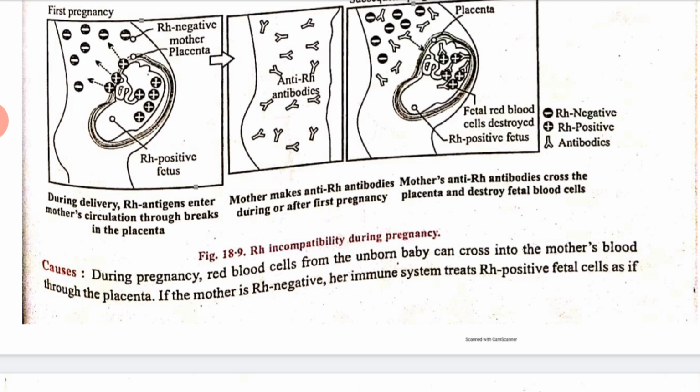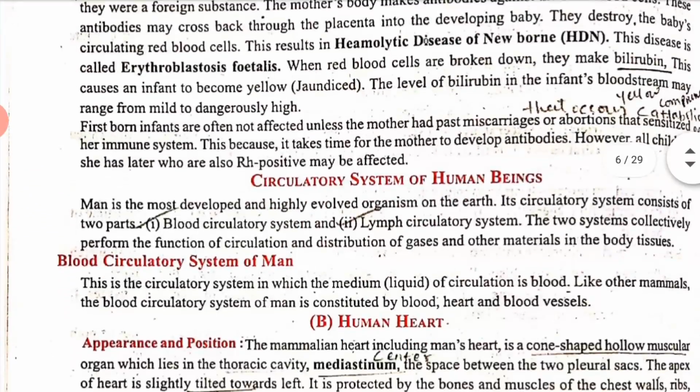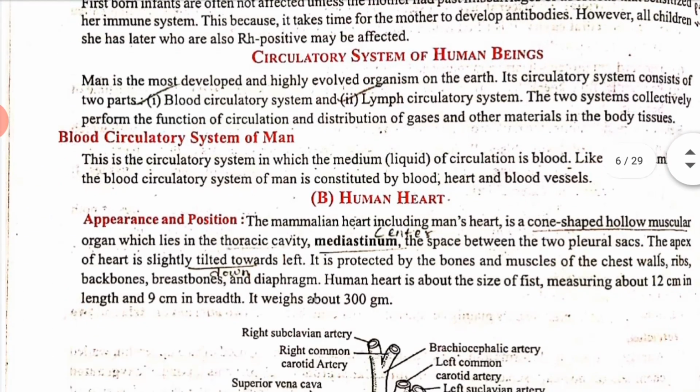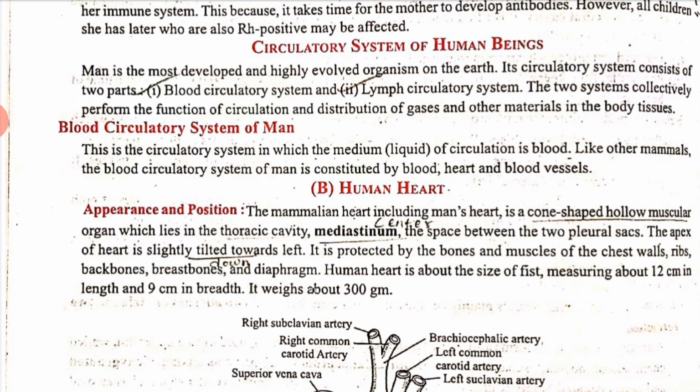Clear? Now let's talk about the circulatory system in human beings. So, man is the most developed and highly evolved organism on the earth, right? Its circulatory system consists of two parts, that is the blood vascular system and the lymph circulatory system. So, the two systems collectively perform the function of circulation and distribution of gases and other material in the body tissues.